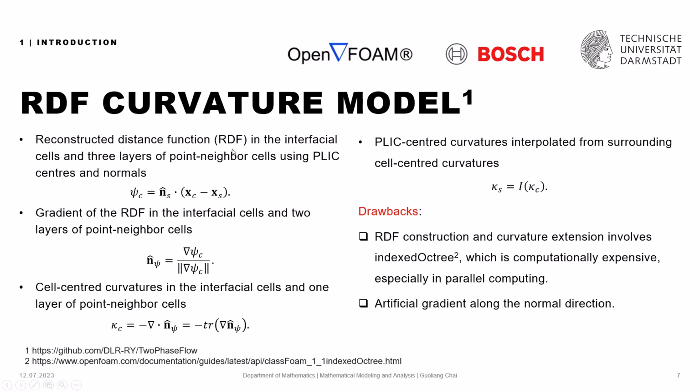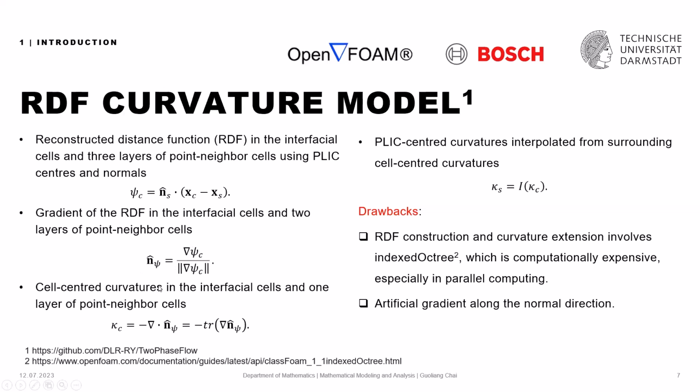Then they take the gradient of the RDF field to get the cell-centered interface unit normal vectors in interfacial cells and two layers of point neighbor cells.